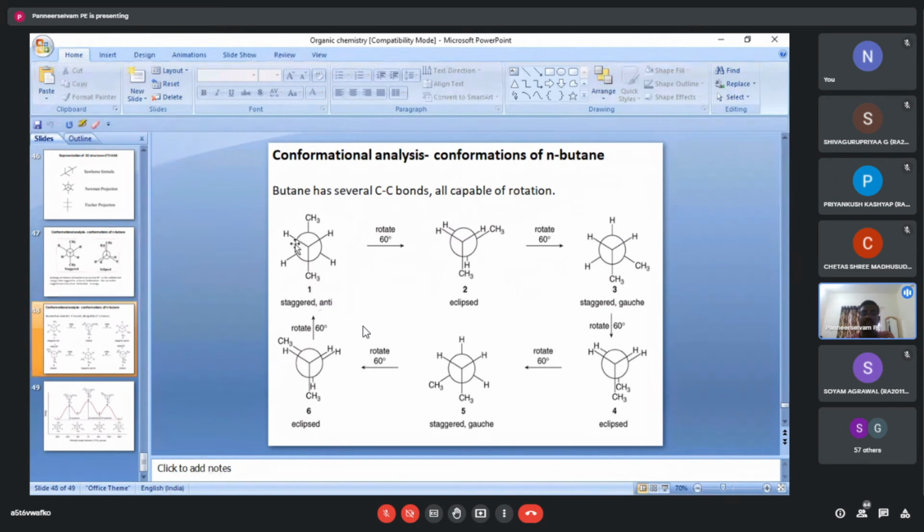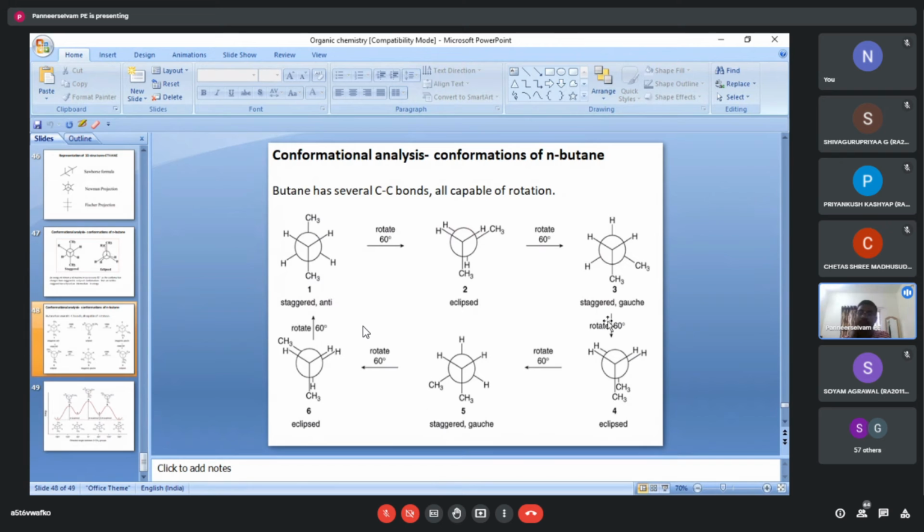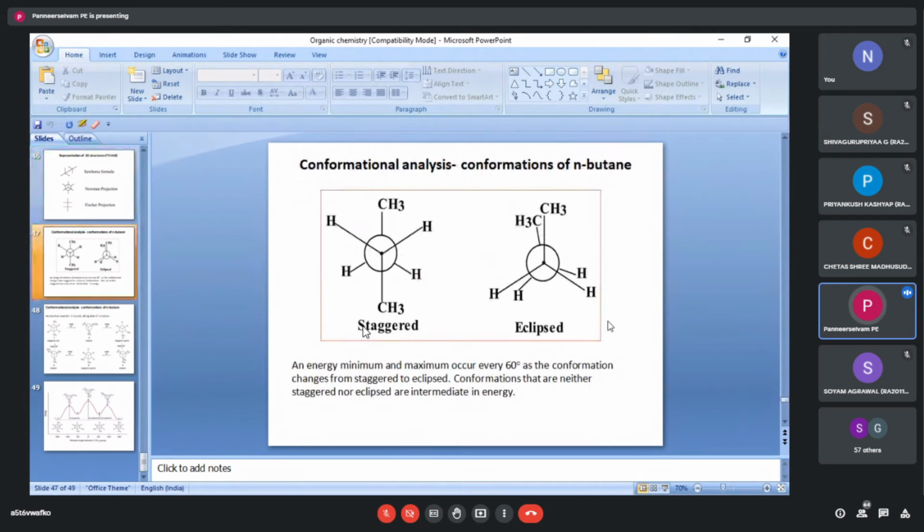A 360-degree rotation again comes back to the original structure. You see, six rotations of 60 degrees each, and it comes back to the original structure. Okay, so this is the energy level diagram for N-butane. This is very important for the conformational analysis of N-butane.